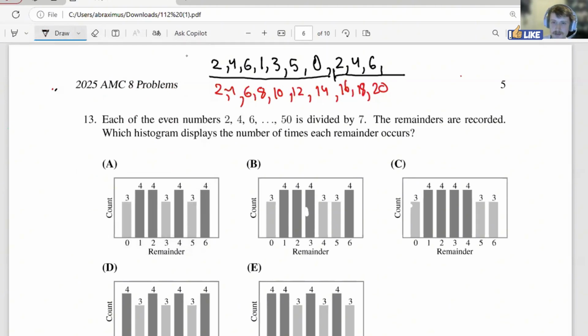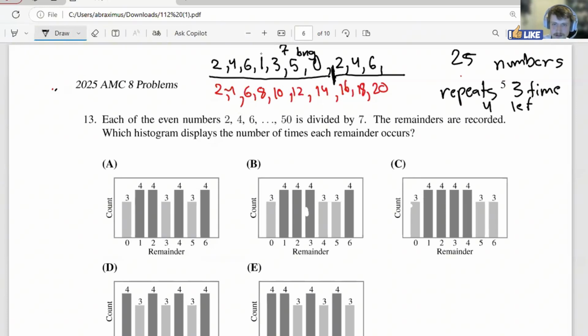Is there something suspicious happening after the 0? It's repeating. Okay, so this is 7 long, and we have 25 numbers. So this repeats 3 times, and we have 4 left.